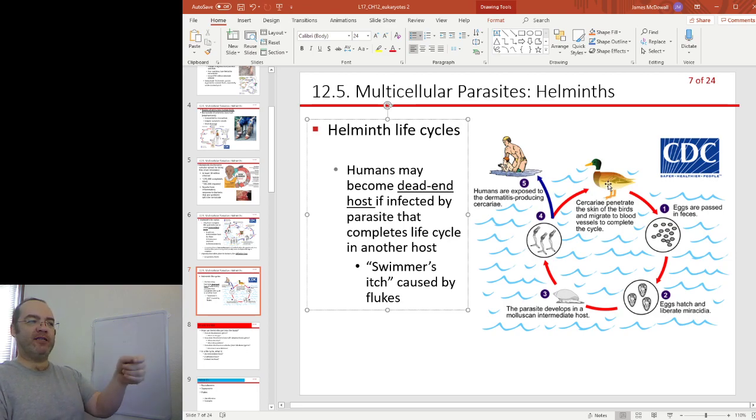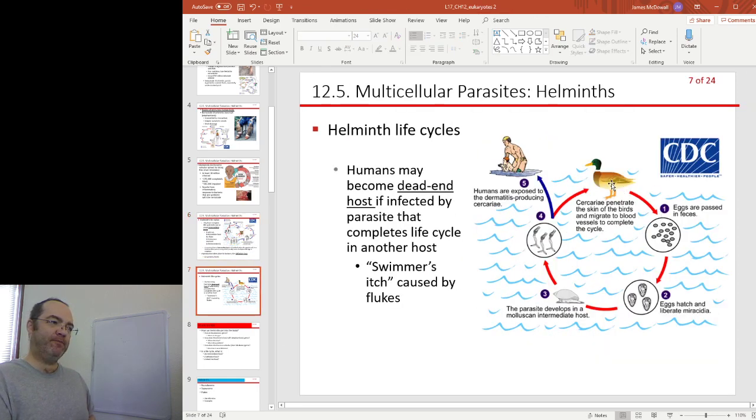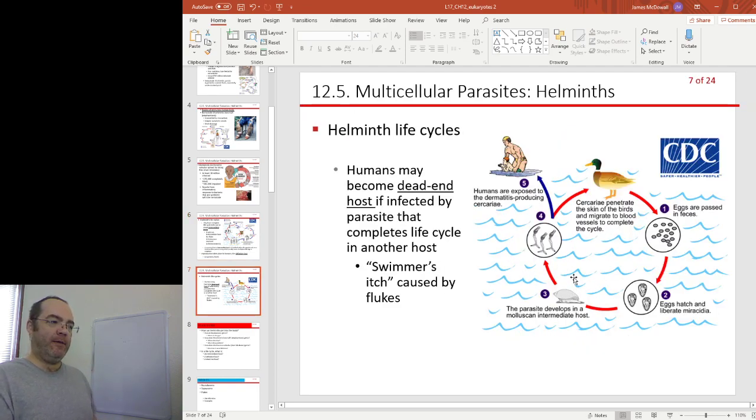We have the eggs hatching, infecting a snail, and life cycle stages being completed in the snail. That makes the duck our definitive host. That's where the eggs are being produced. And that makes the snail our intermediate host, required in the life cycle, as the helminth requires the snail to complete those life cycle steps.